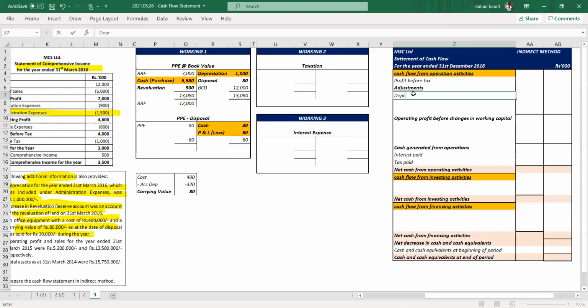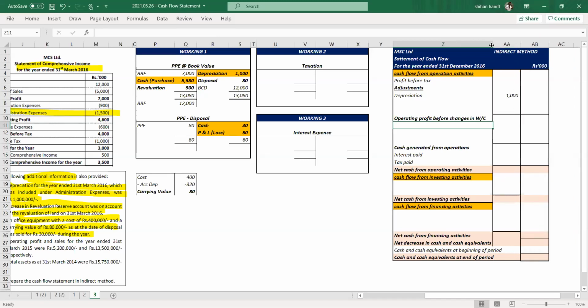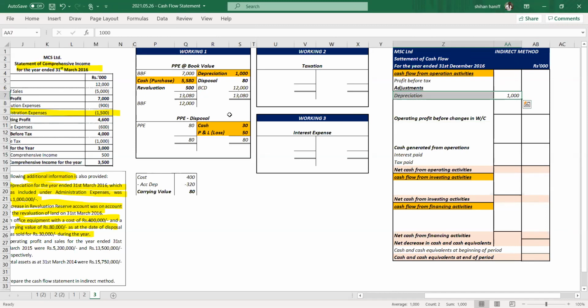Depreciation will be added, 1,000. And there is a disposal loss, 50, which will be added. Disposal loss also will be added.